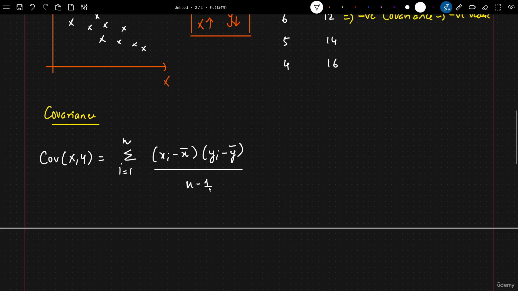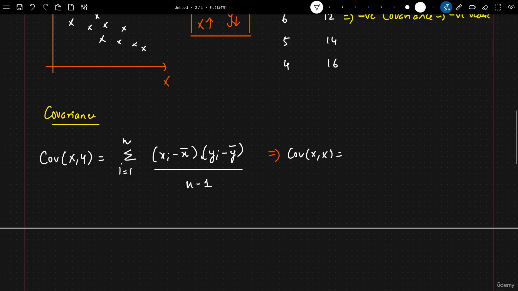Now you may be thinking this formula looks a little bit similar to something. And this can be a really important interview question. Do you remember, if instead of finding covariance of x comma y, I go ahead and write covariance of x comma x, now in this scenario, what will happen?